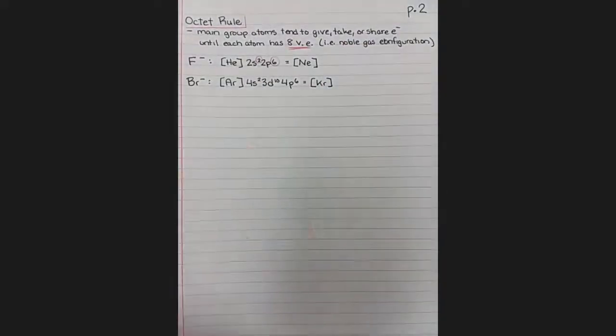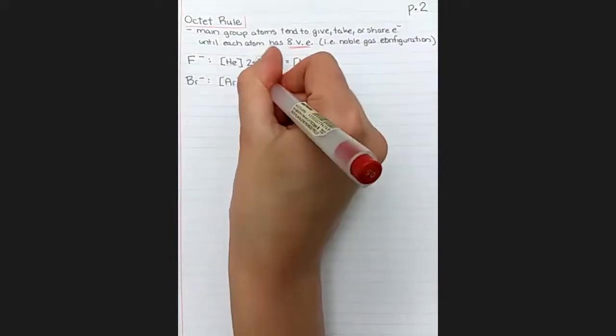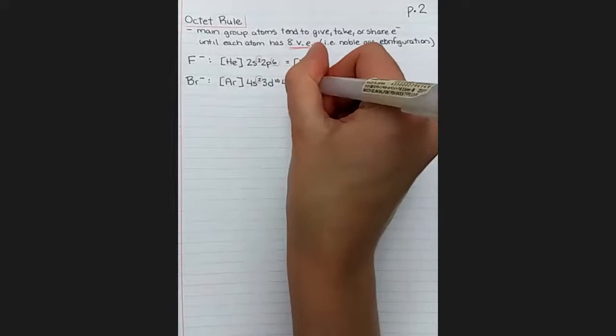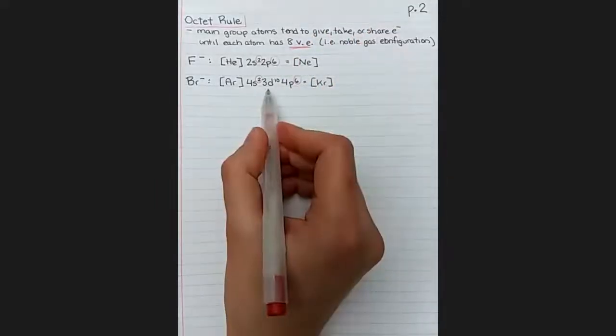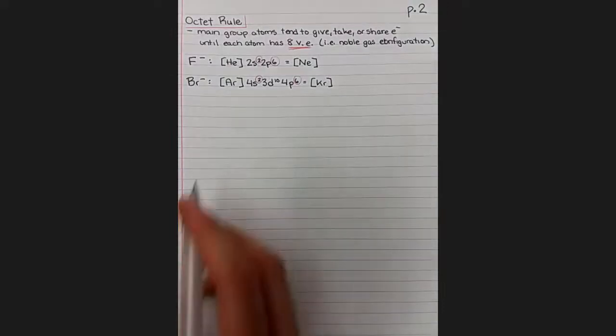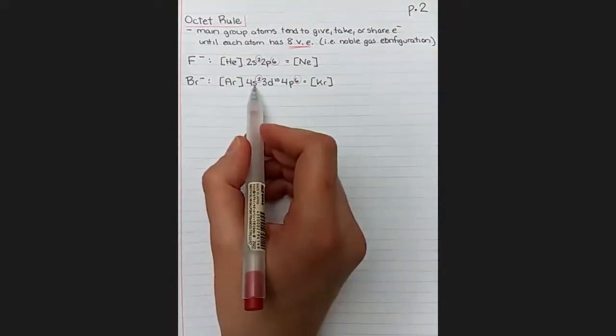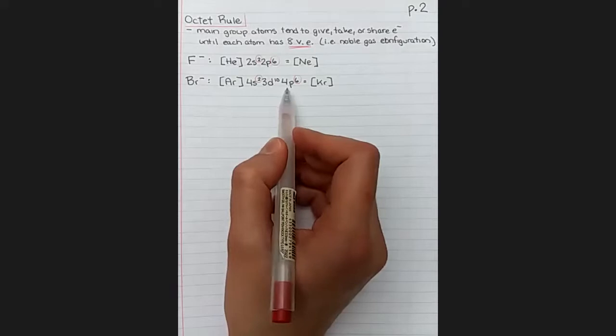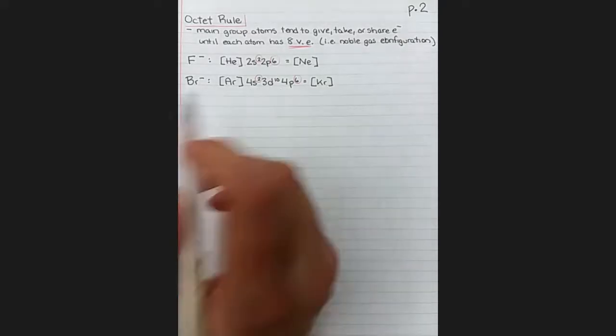In this case, the 8 valence electrons are the 4s orbital and the 4p orbital. Technically, the d and f electrons don't count as valence electrons because they don't have the highest principal quantum number. They're not in the 4th shell. Only the 4s and the 4p are in the 4th shell.